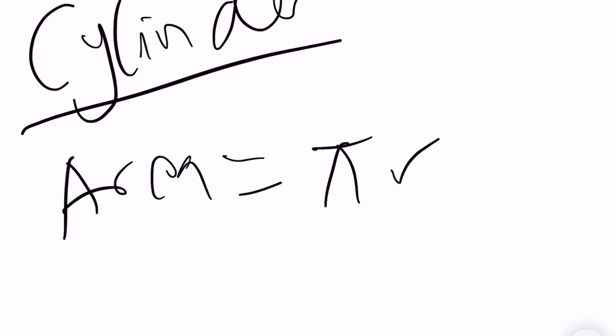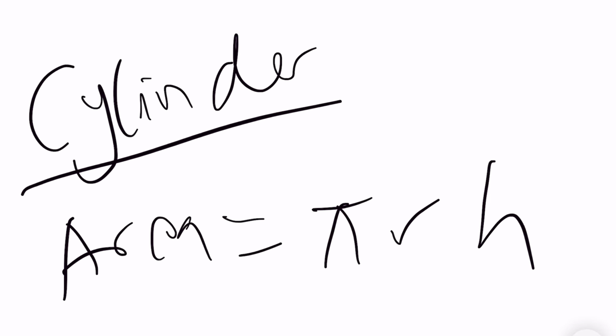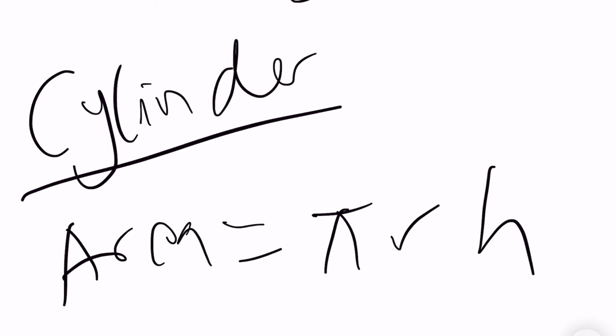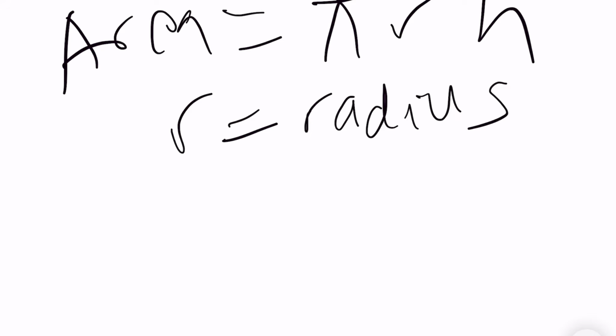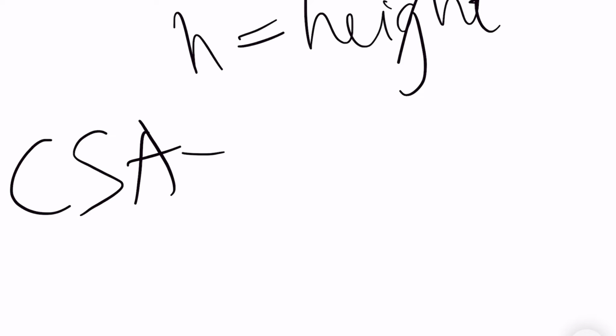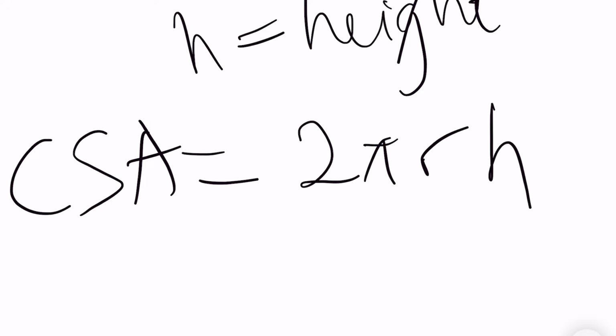Now, for a cylinder, we have our area to be pi RH, in which R is the radius and H is the height. Then for the CSA, the curved surface area, we have 2 pi RH.